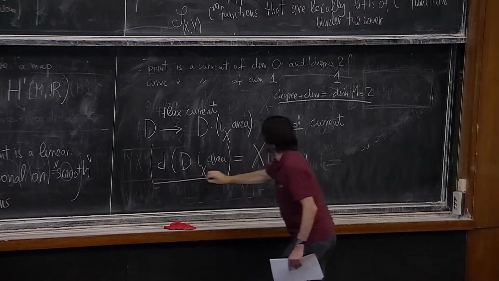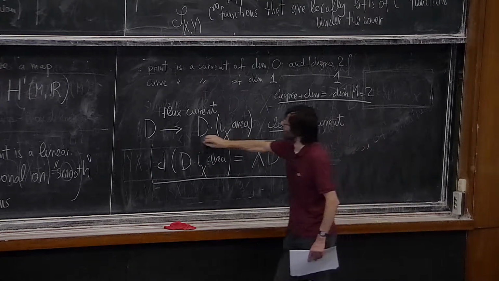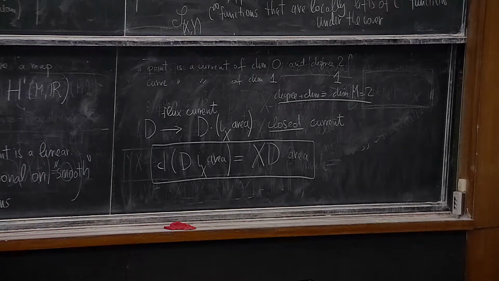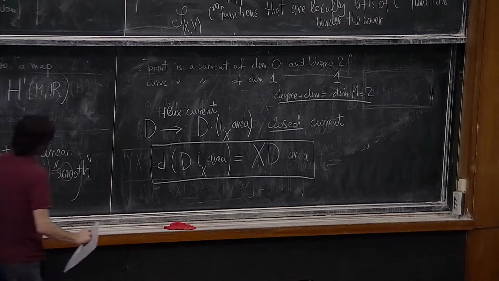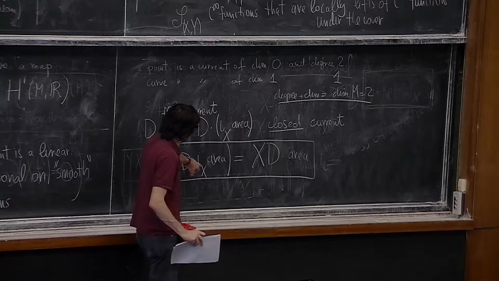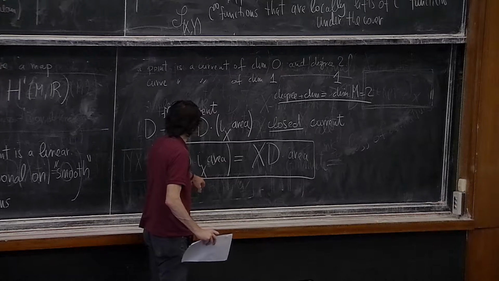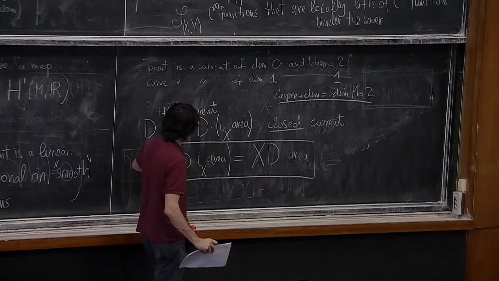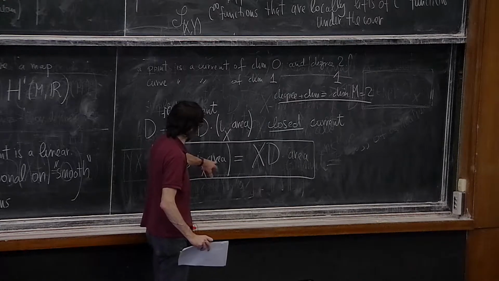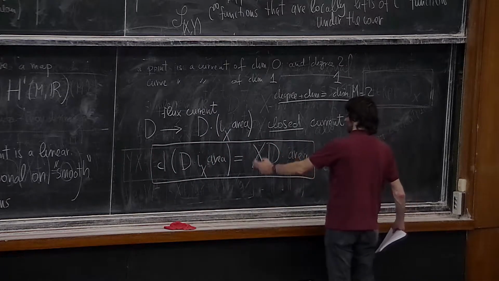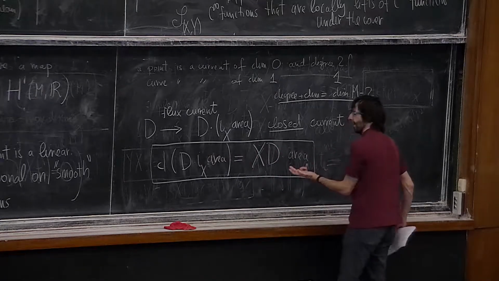So basically, what you should do is ignore the fact that D is a funny object, just put a function and check whether this formula makes sense to you. So if I take a function f and I multiply times the contraction of the area with respect to x, then I should get that the exterior derivative should be a 2 form, and it's going to be the Lie derivative of f in direction of x times the area.